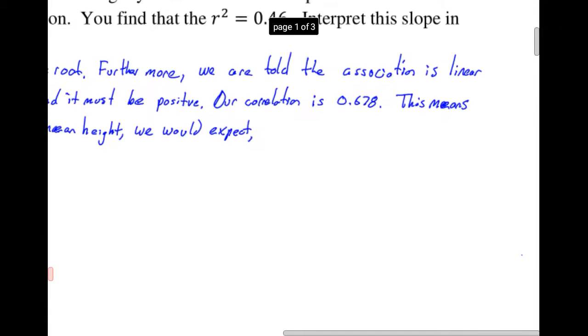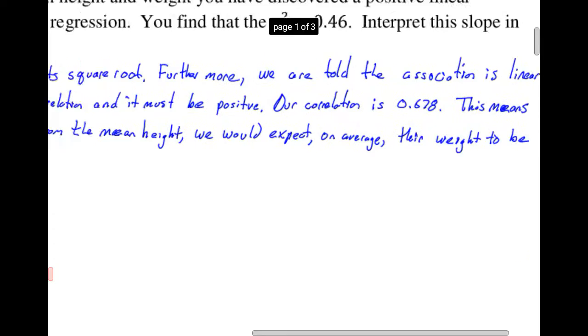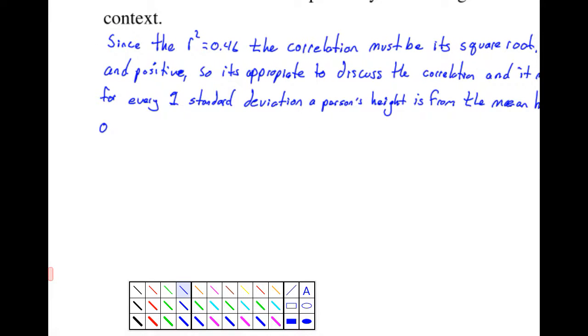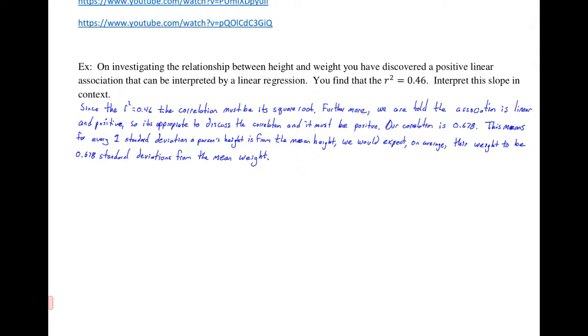Let's throw an "on average" in there. And there you go. There is the slope in context in terms of the correlation.